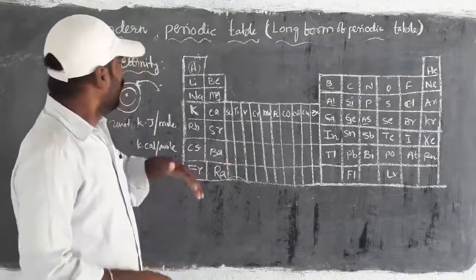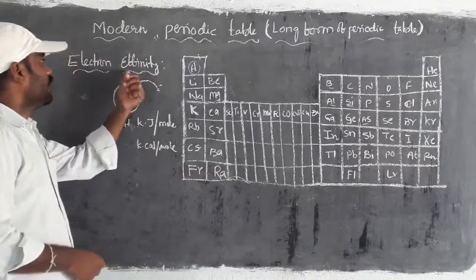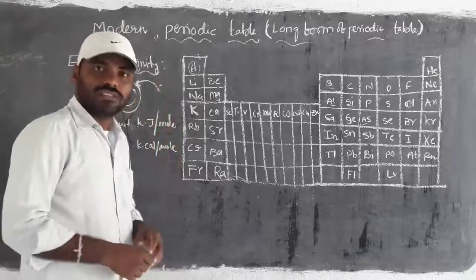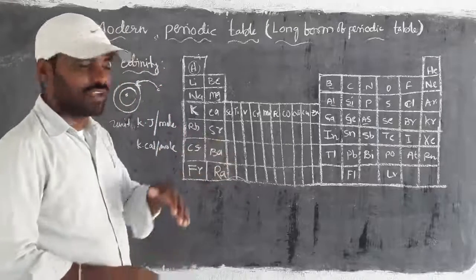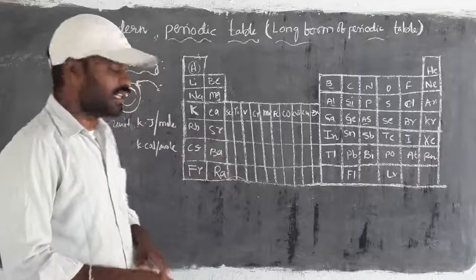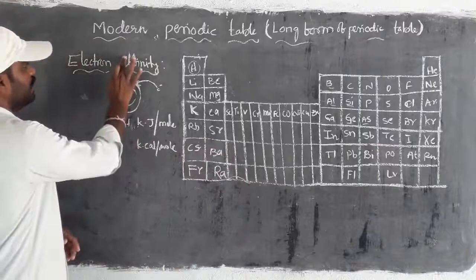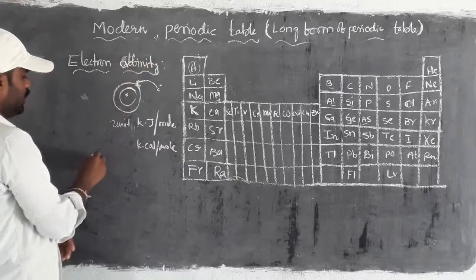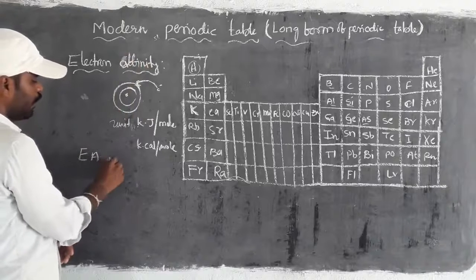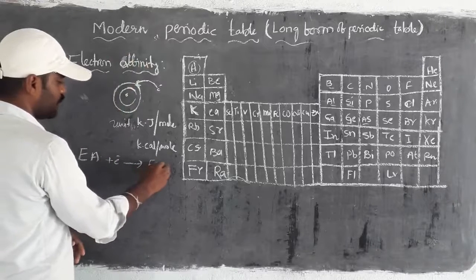Then this electron affinity, or electron gaining enthalpy, also has first and second values, the same as ionization energy, which we discussed yesterday as first ionization energy and second ionization energy. If you take electron affinity for a neutral atom and add one electron, it gets a negative charge.